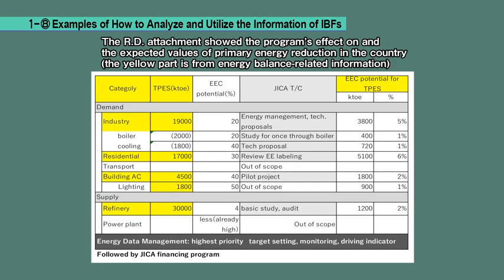This is an attachment to the RD that shows primary energy consumption by sector, the supply-side values. They are multiplied by the expected EE and C rate, which is based on our experience in the introduction of EE and C measures. The results for sector-wise EE and C potential and the effect on primary energy reduction are shown in the table.